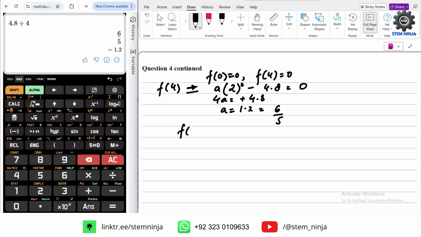This means your f of x is 6 over 5 times x minus 2 whole squared minus 4.8.